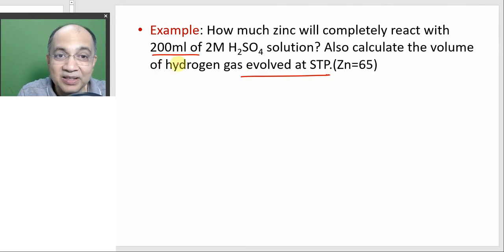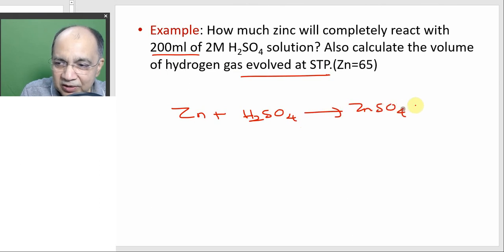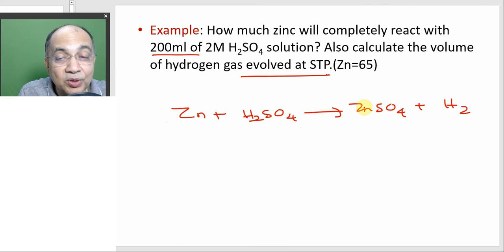They can't make out sometimes whether it is a gaseous volume or a liquid solution volume, right? So let's start. Zinc will react with sulfuric acid to give you zinc sulfate. You know, this is a displacement reaction, and it is fortunately already balanced. Nothing has to be done. Then just find out the number of moles of sulfuric acid consumed in this reaction.